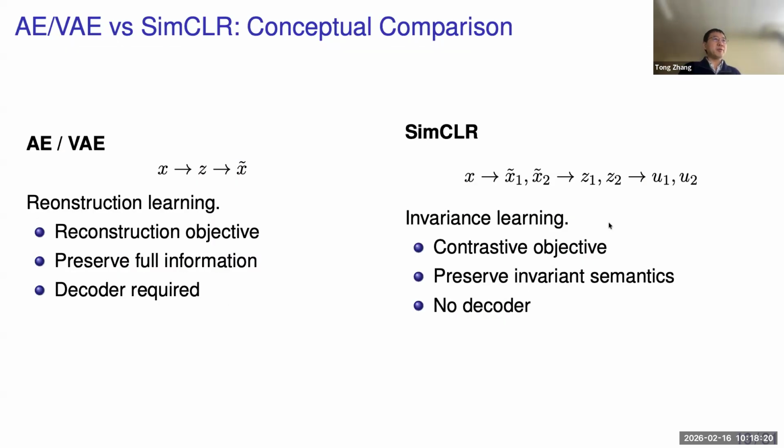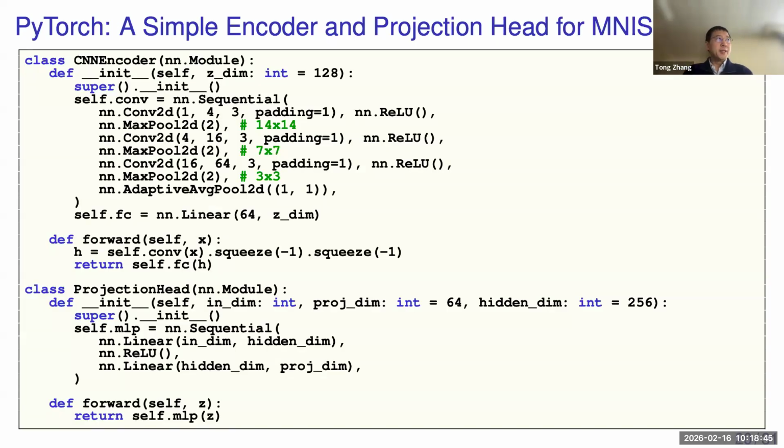This one has no decoder, although there is something called G here, which is for convenience. It is not always needed, but it improves performance. It just says invariance is not sufficient for downstream tasks. This guy has more information than here. Here is where you are invariant. So no decoder.